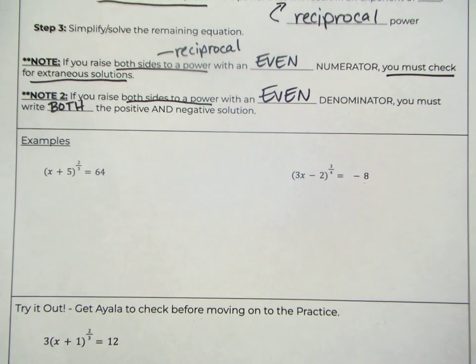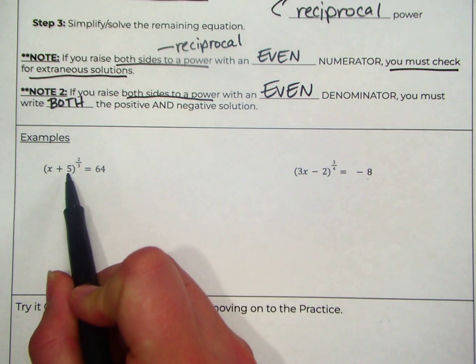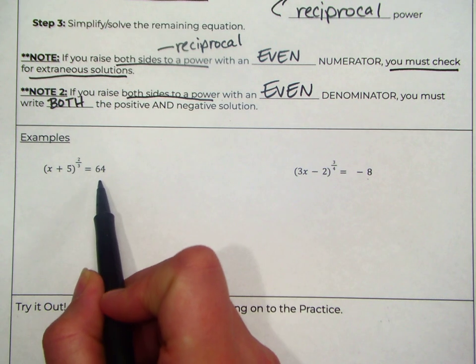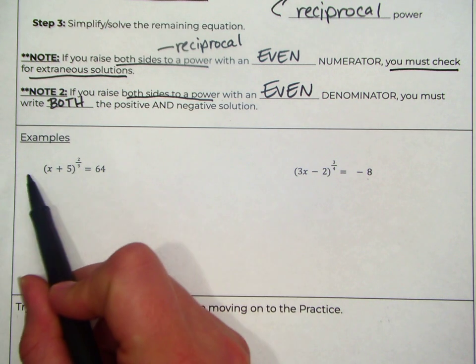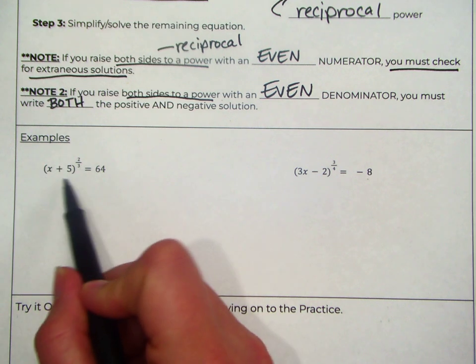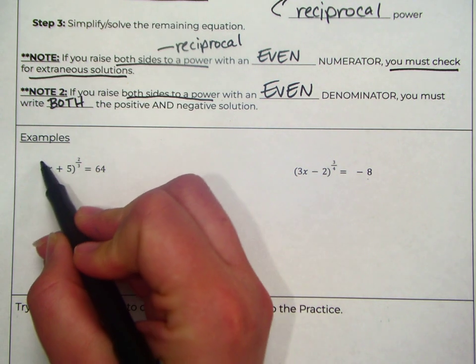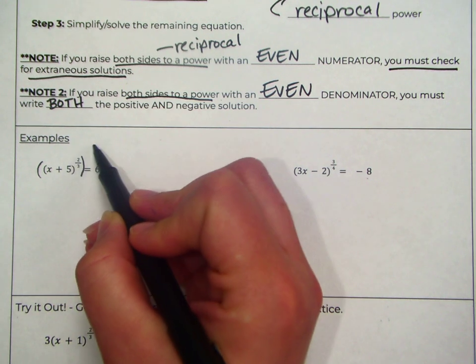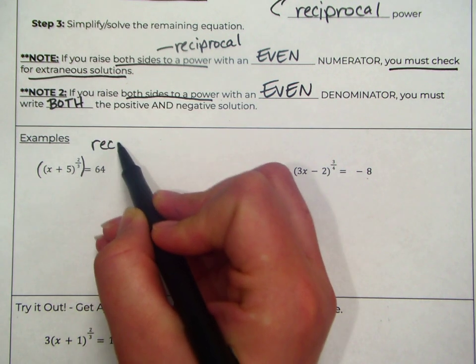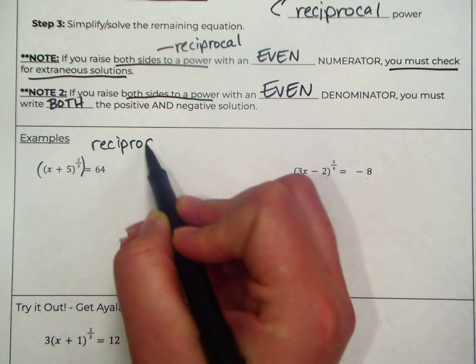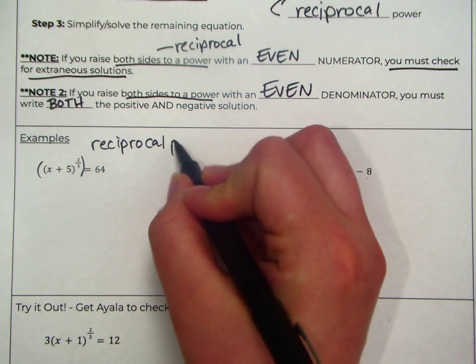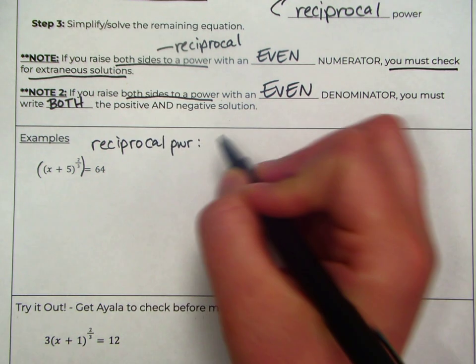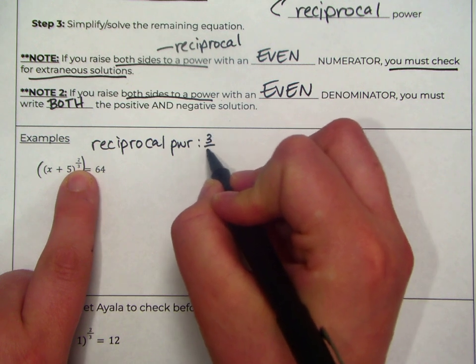So example 1, we have x plus 5 raised to the power of 2/3 equals 64. Now my rational exponent portion is already isolated, so I'm going to raise both sides to the reciprocal power. And the reciprocal power for this example is 3/2.